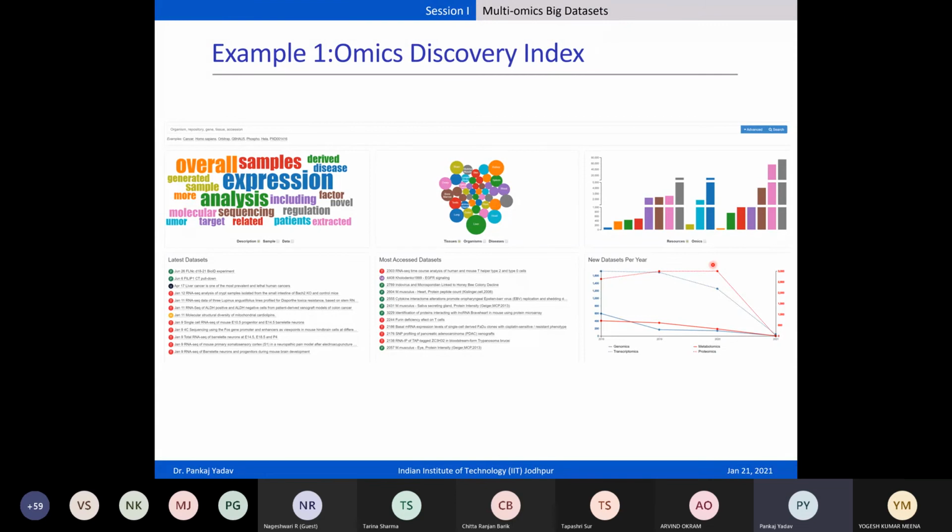You can have data from genomics, transcriptomics, proteomics, metabolomics, all these different types of data that can be accessed from this single platform. This is a very interesting and novel tool that I think started around 2018.